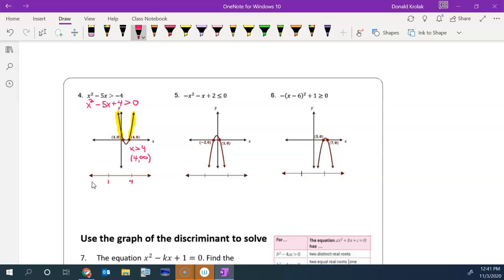Okay, the other place where the y values are positive, so you could pick x values that are smaller than 1. So I could say x is less than 1. And the way I write that is negative infinity up to, but not including 1.